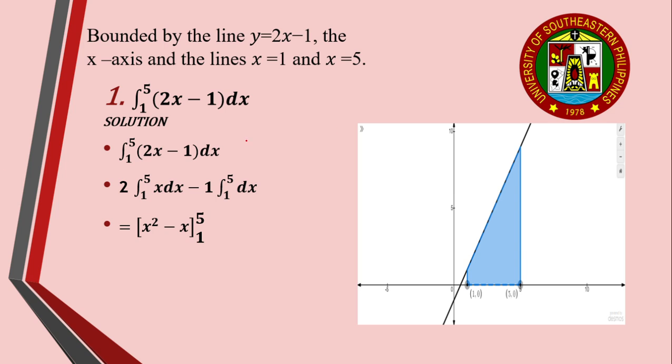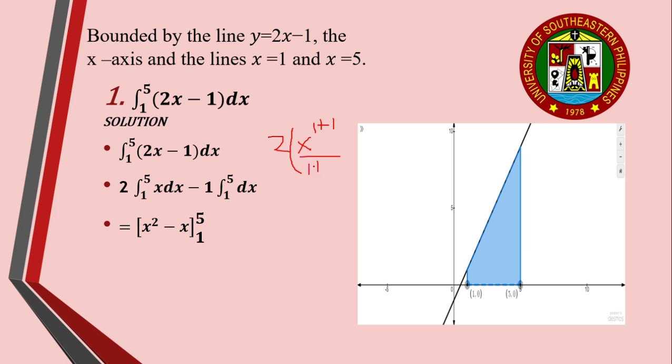So, 2x, let's have the parenthesis, since there's an imaginary 1 right there, no? From the first, we're going to integrate the x with respect to x from 1 to 5.